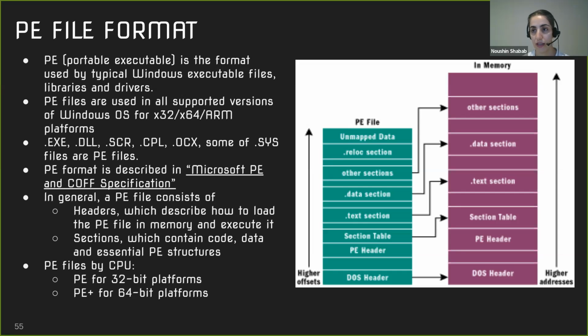In most cases, they have common section names for themselves, but it's quite common to see sections with unusual names in different files, especially in packed files or in malware files. In that case, it's a very good opportunity to use that section name in a YARA rule and put it in the condition to find files with similar section names.